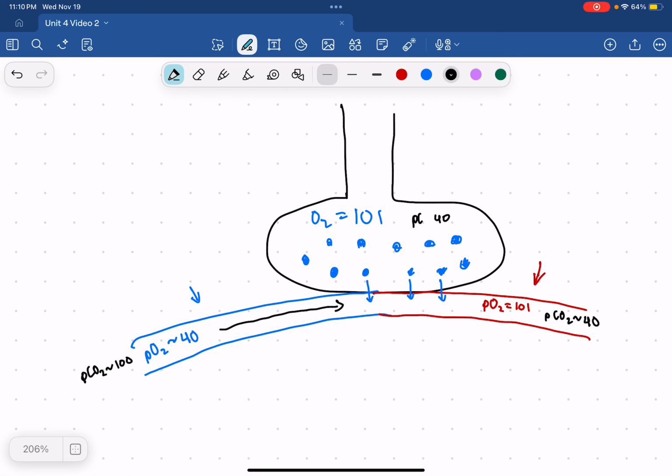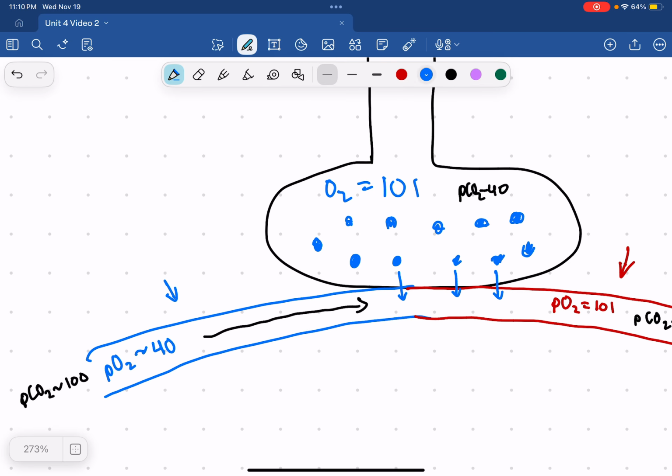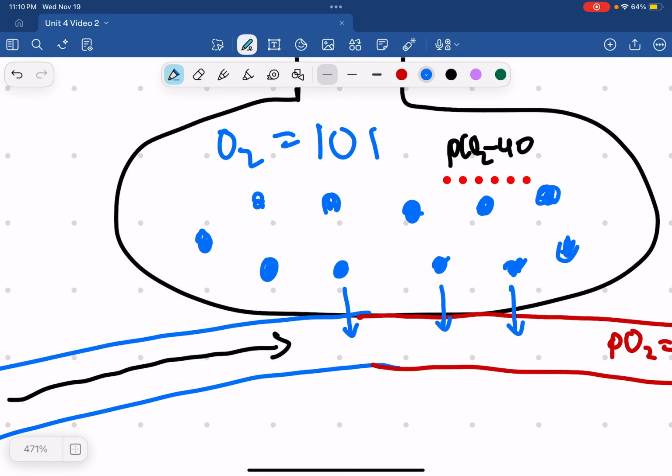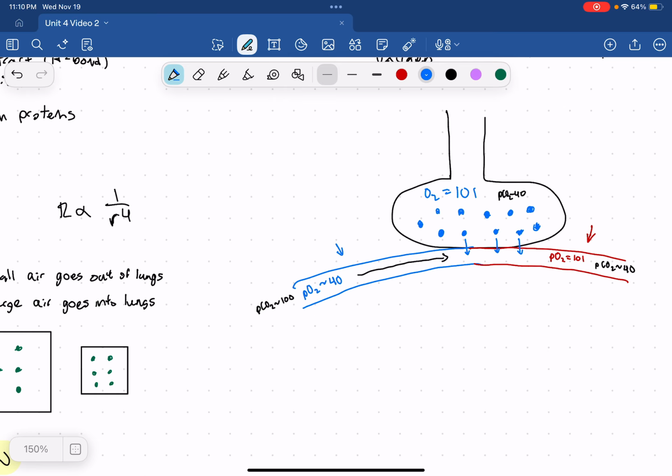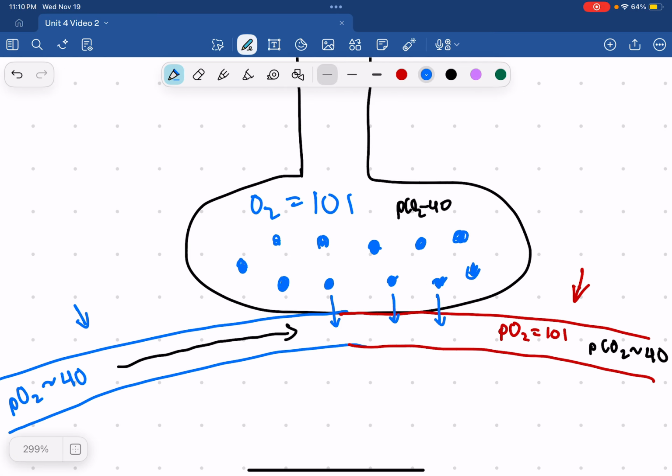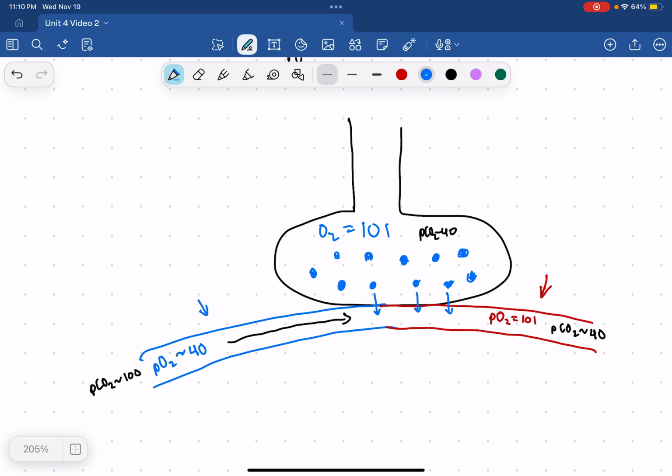It is around 40 here. And remember, typically we want to go from a high pressure to a low pressure. Here we'll have oxygen leaving the lungs, CO2 leaving the bloodstream to go back into the lungs and get released out. So CO2 goes out here. Oxygen comes in.